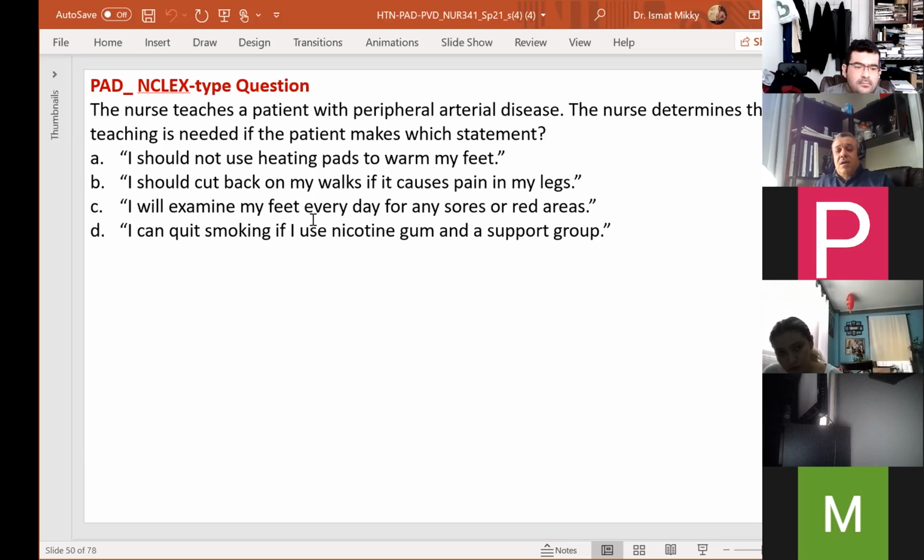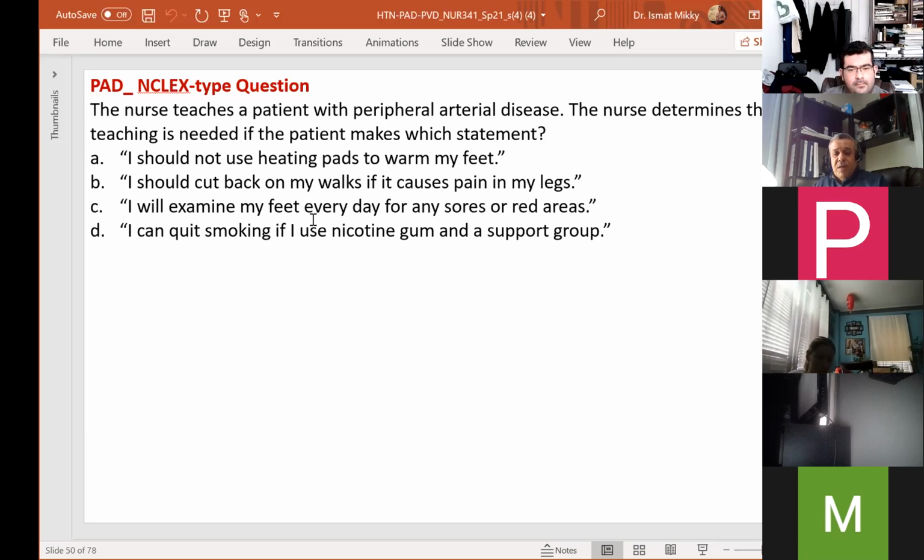It says further teaching is needed, which means they are looking for the incorrect statement. The patient would say something wrong, and then you would correct them. So then it would be B. A is good, C and D are fine, but B is incorrect.